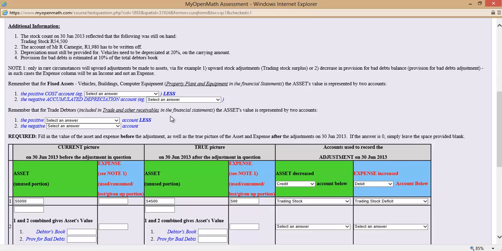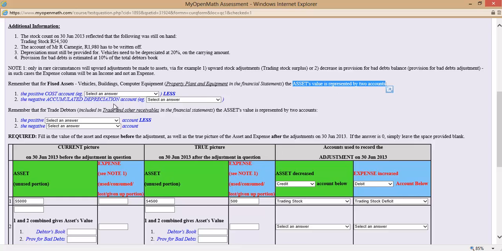Let's now go forward and first complete this top section. Only in rare circumstances will upward adjustments be made to assets. You can read that by yourself. And remember that for fixed assets, vehicles, buildings, computer equipment, property, plant and equipment in the financial statements, the asset's value is represented by two accounts. That's important.